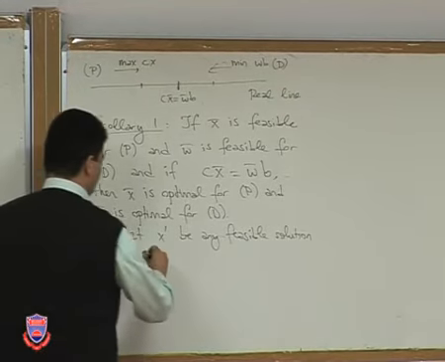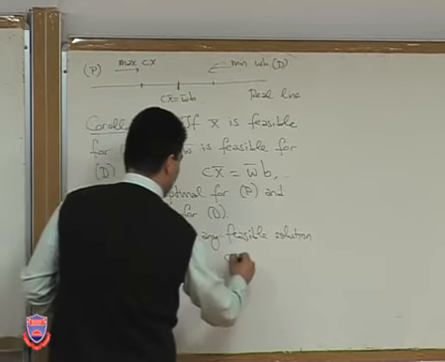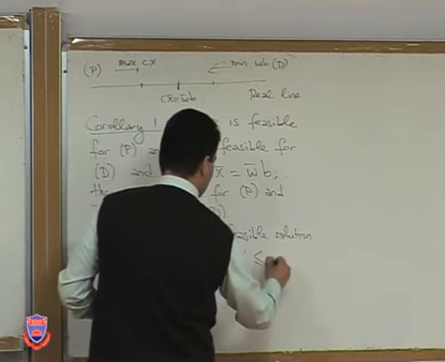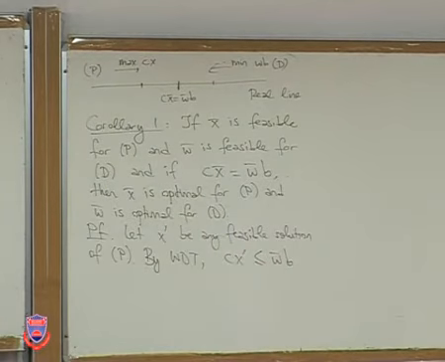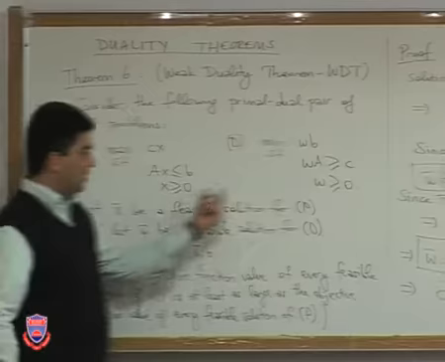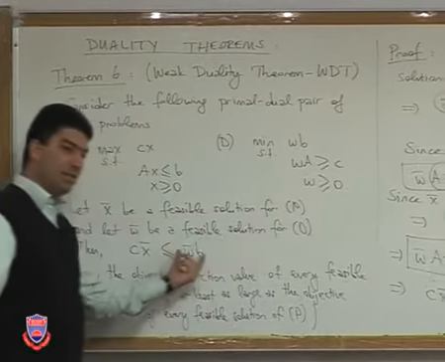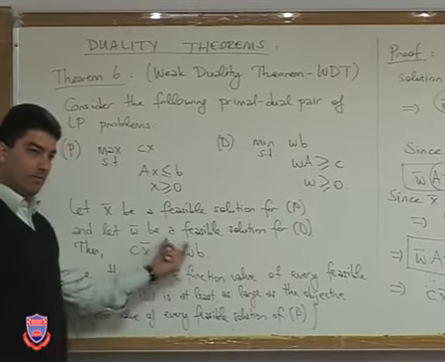So by the weak duality theorem, by WDT, we know that c times x prime should be less than or equal to w bar times b. So where does this come from? Well, if you look at this result, so since x prime is feasible for the primal problem, and w bar is feasible for the dual problem, we have this inequality, right? I'm just applying this inequality with x prime and w bar, basically.